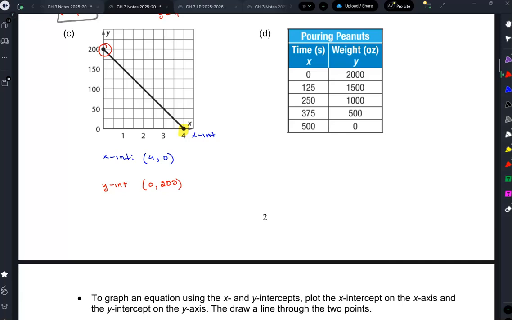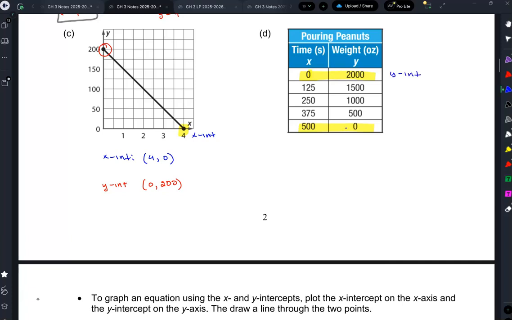Okay, how about if you have a table? Remember, for the x-intercept and the y-intercept, either the x or the y has to be 0. So look at this one. We have one here where one of the variables is 0. Here we have another one where the variable is 0. So for this first one, when x is 0, this is the y-intercept.